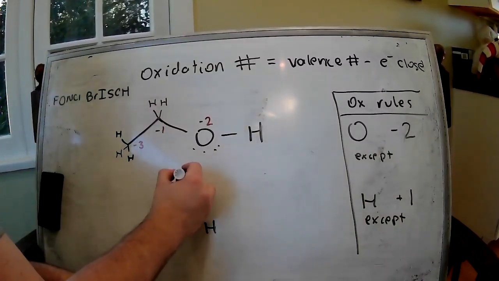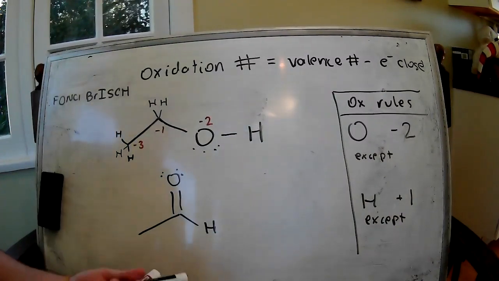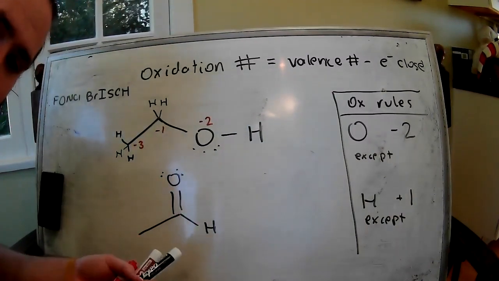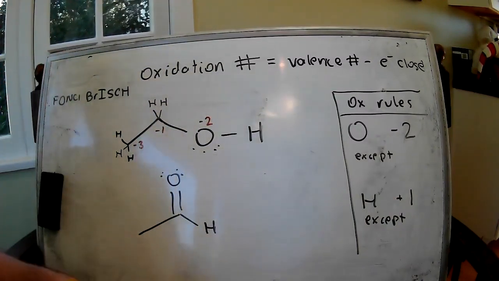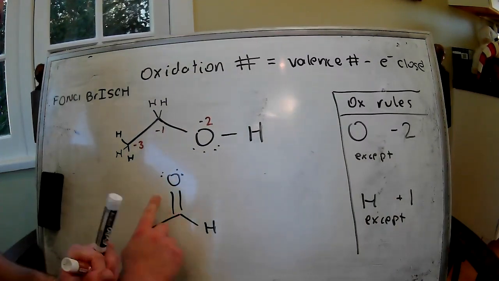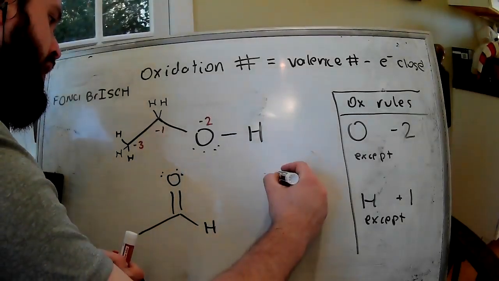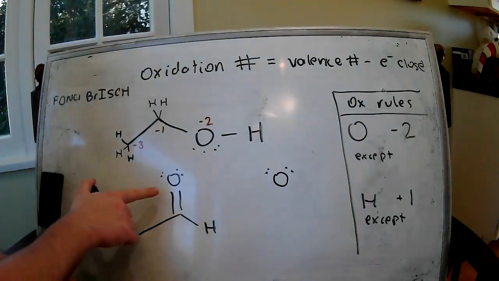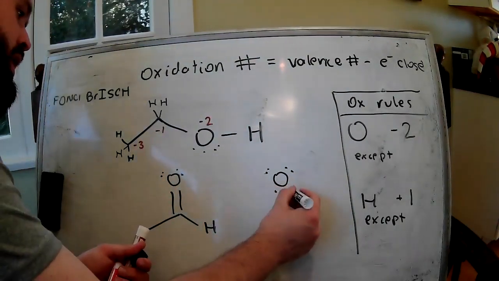And we can go ahead and fill in our lone pairs. So if you notice, that is actually one of our definitions of oxidation, right? Loss of hydrogens, we like to say. Let's go ahead and see if that checks out with our formula. All right, so we'll start with oxygen up top, and oxygen up top is going to have its two lone pairs, and then it's going to steal the electrons in both of these bonds with carbon.